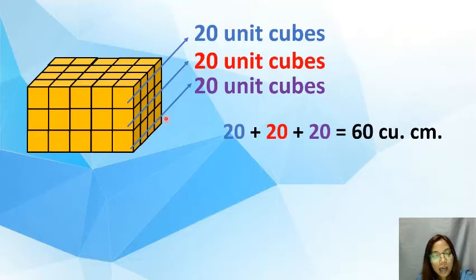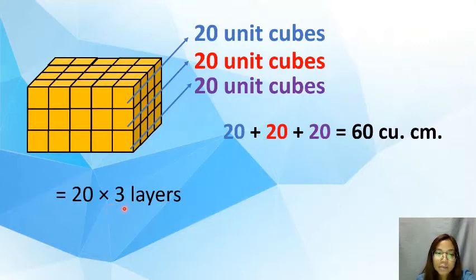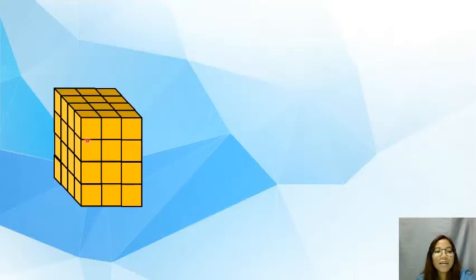Now, as you can observe, we can just put it this way. We have 20 unit cubes times how many layers you have. So 3, that's why it's multiplied by 3. So we have 60 cubic centimeters. So this one, let's try to get the area of the base or the top.